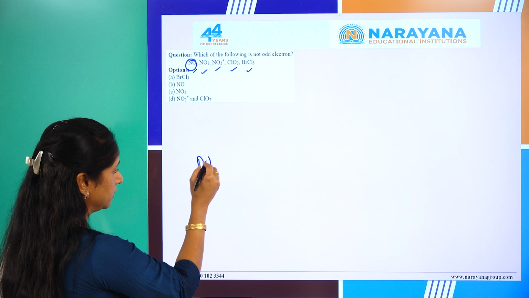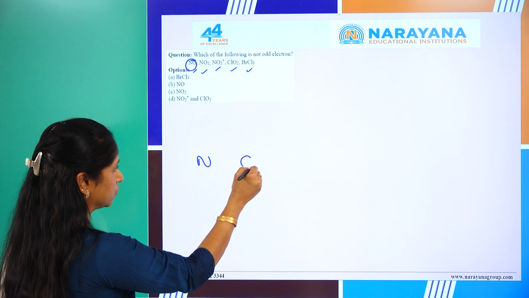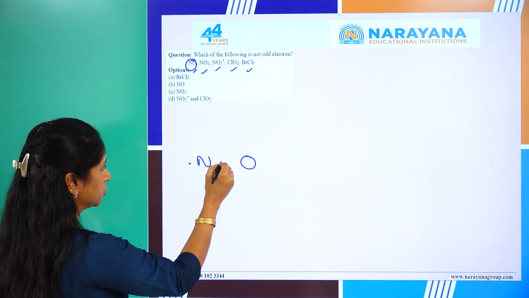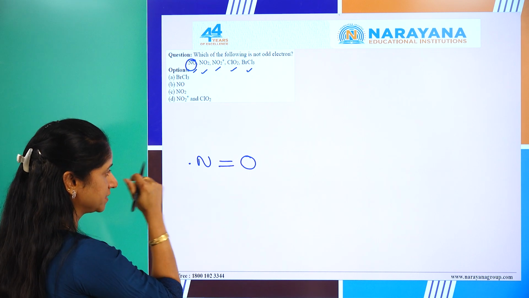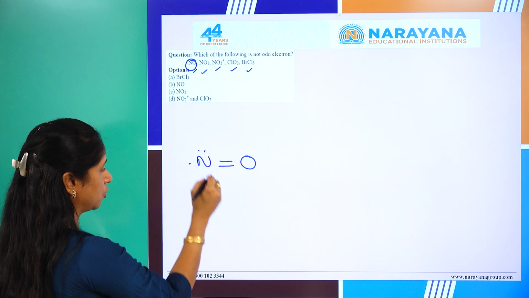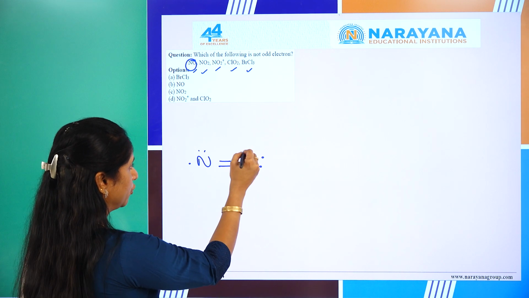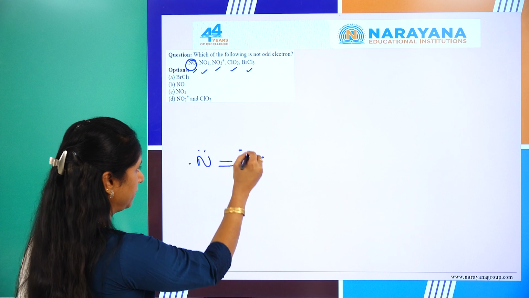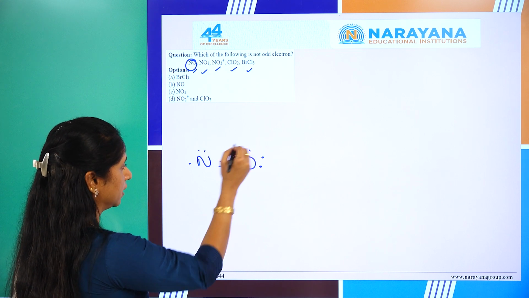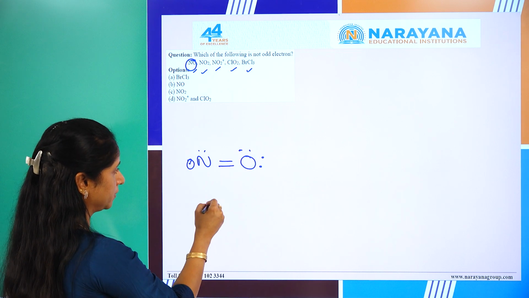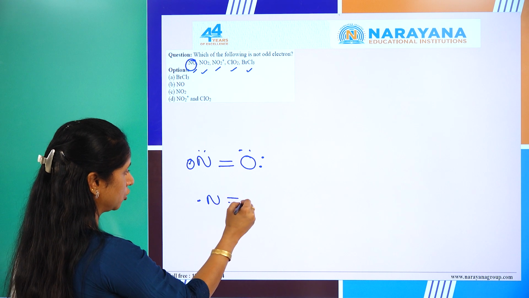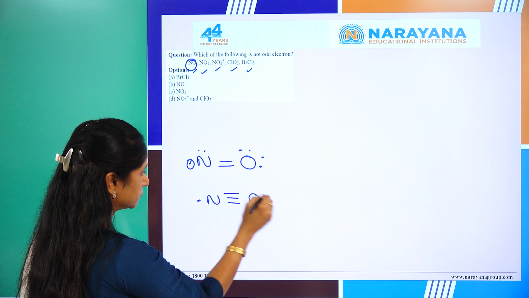So nitrogen, you can write it as around the nitrogen 2s2, 2p3. Observe 2 electrons forming sigma bond, a pair of electrons, and oxygen, right? So you can write of course resonating structures to this. So you are getting an odd electron over the nitrogen.